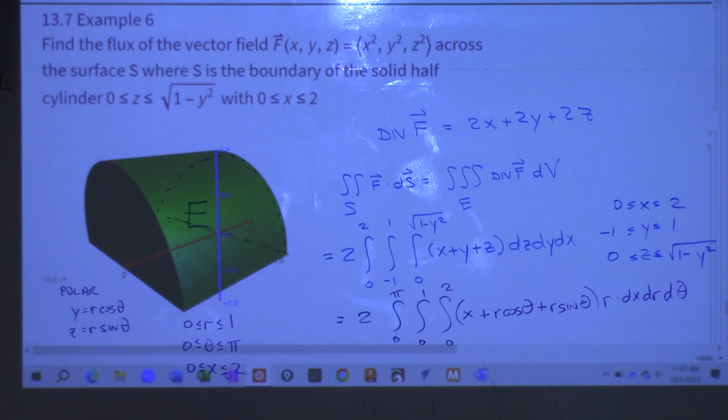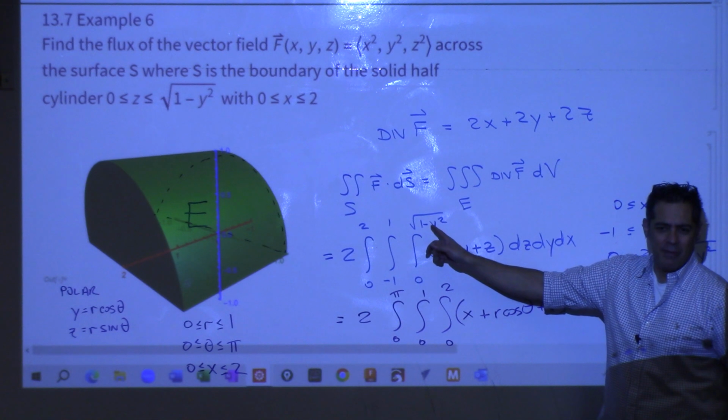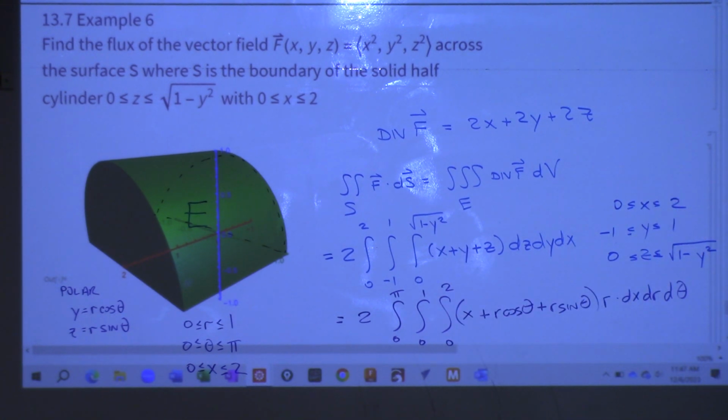I'm not sure the integration is that much better, but I don't want to mess with square roots and stuff, you know? So this is doable. Now, I'm going to do it on the calculator. I'm not going to do it by hand. But I'm going to do them both, just to show you that we should get the same answer both ways, all right?